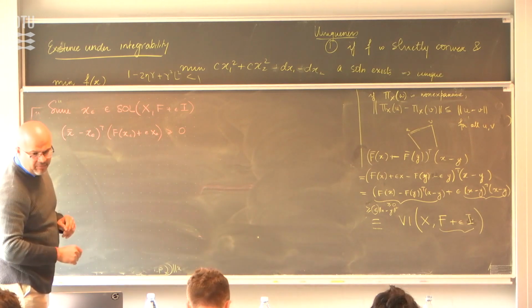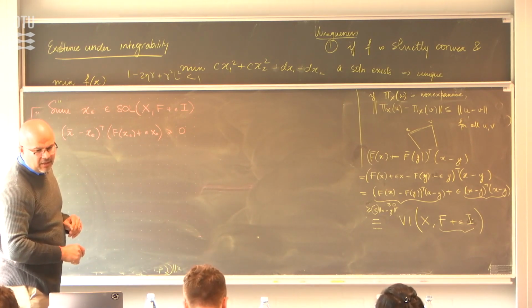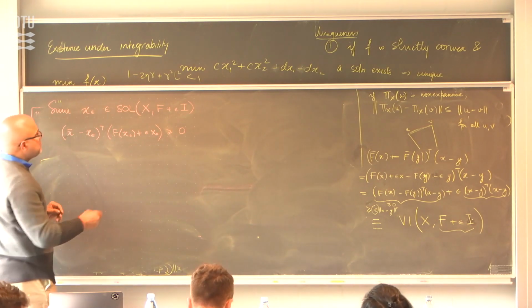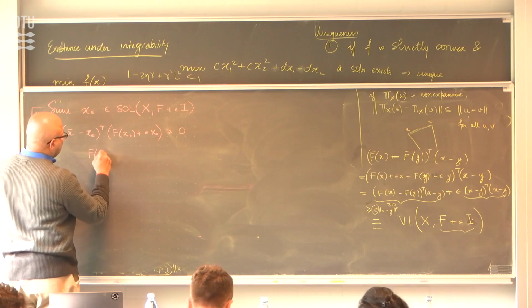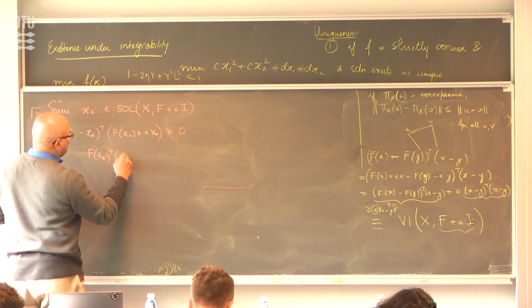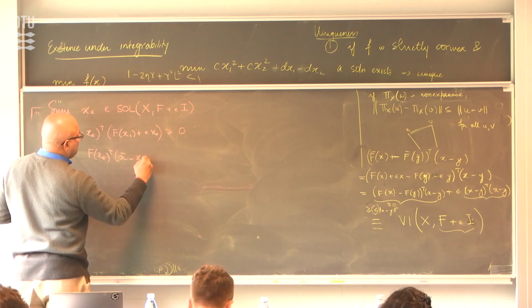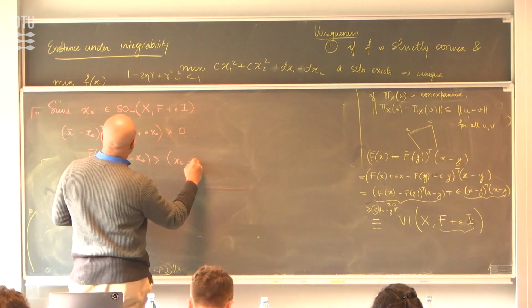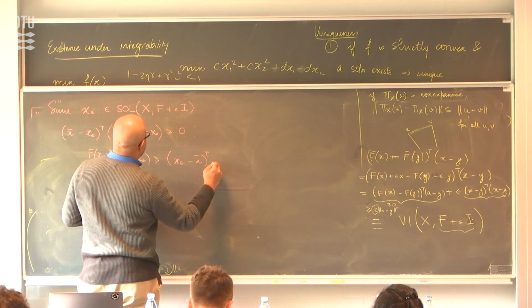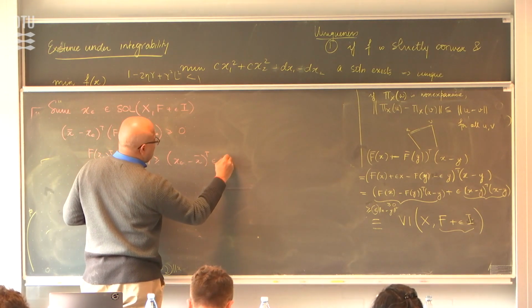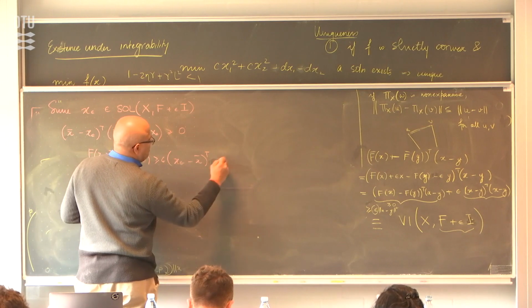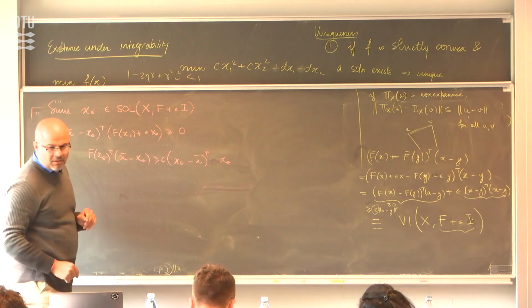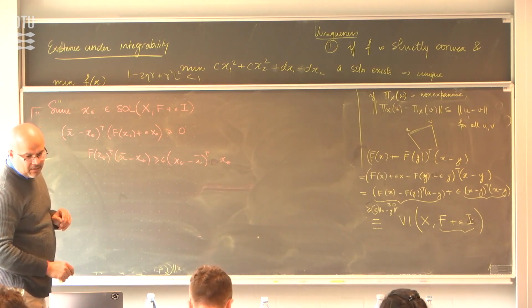Okay. And now, x bar is fixed, so you have f of x epsilon transpose x bar minus x epsilon is greater than x epsilon minus x bar transpose epsilon times x epsilon. Okay, right?